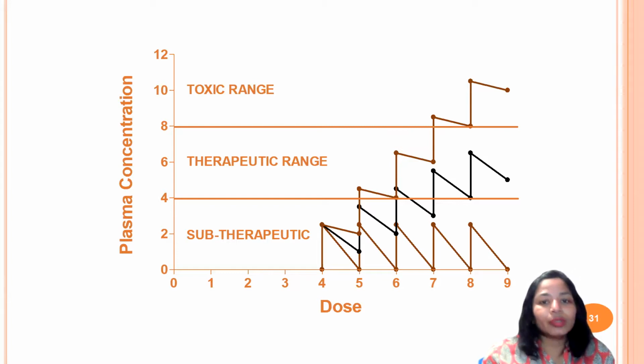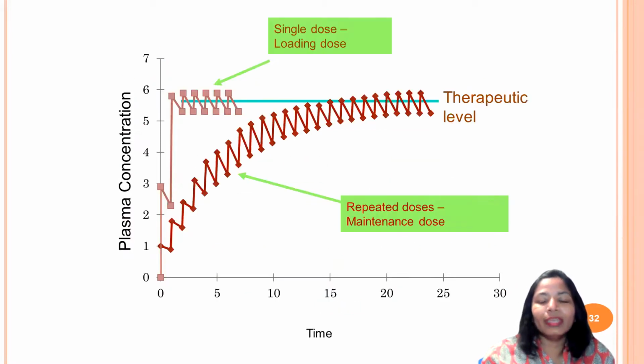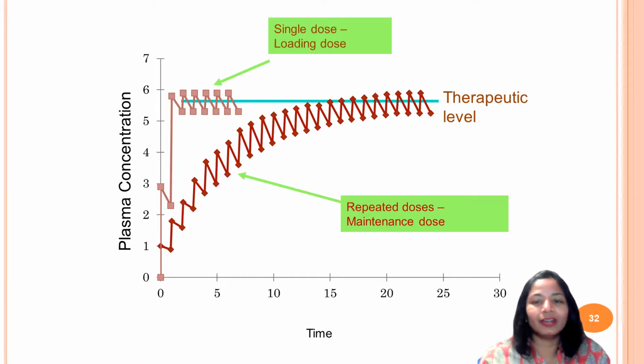So when we talk about it, we make this into three ranges: subtherapeutic, therapeutic, and toxic range. So we want the drug to be in the therapeutic range. In this case, we have two methods by which we can get the drug to the dosing that is necessary for us in the therapeutic level. How can we do it?